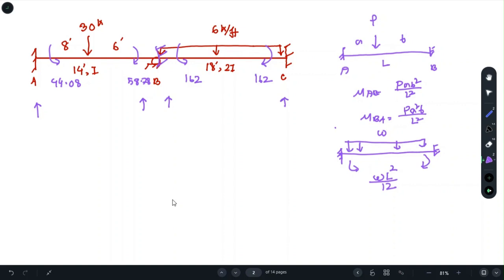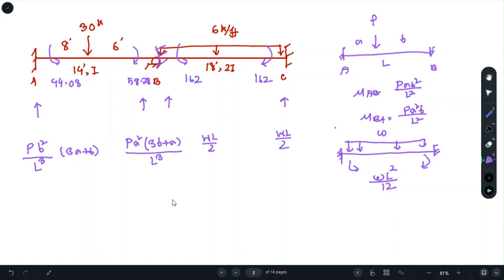So what will be the reactions? At this joint, we will get a reaction of P B squared over L cubed times 3A plus B. And at this point just before B, we will get a reaction of P A squared times 3B plus A over L cubed. And for the UDL, we'll get a value of W L over 2, here W L over 2.